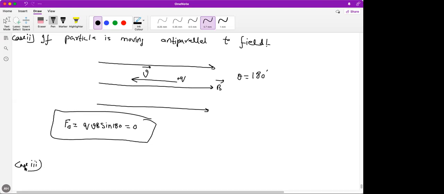So if a charged particle is moving parallel to the magnetic field, it won't experience any magnetic force. If it is moving anti-parallel to the magnetic field, then also it won't experience any force.